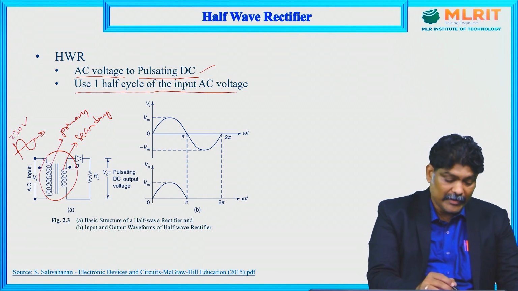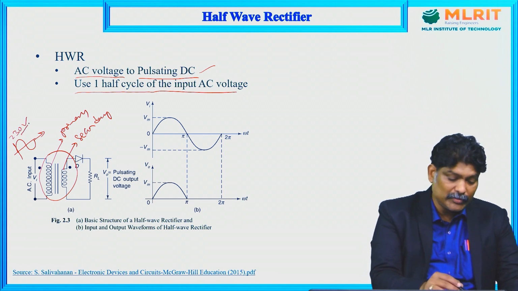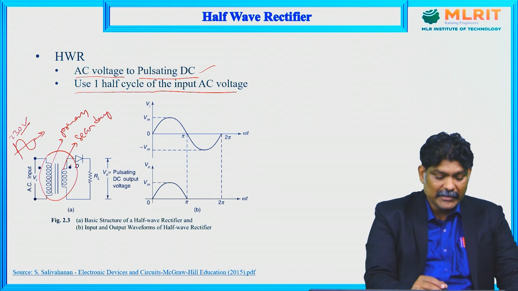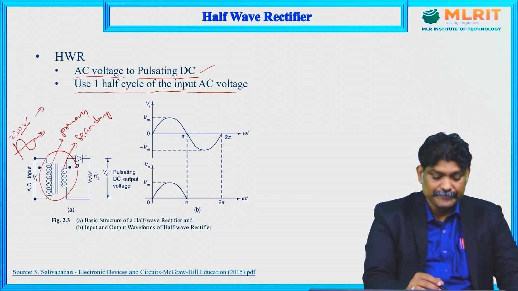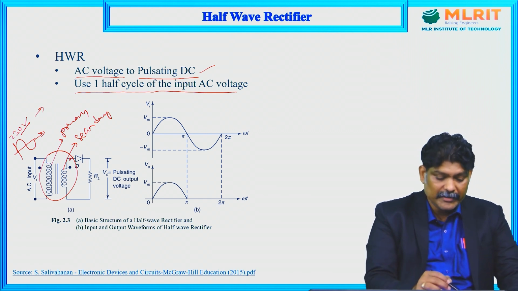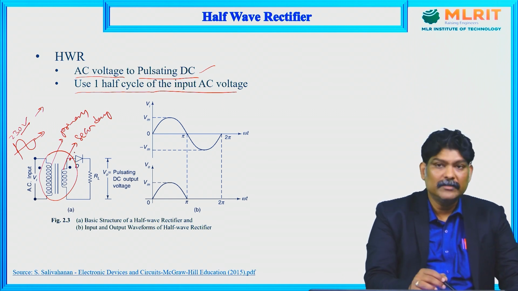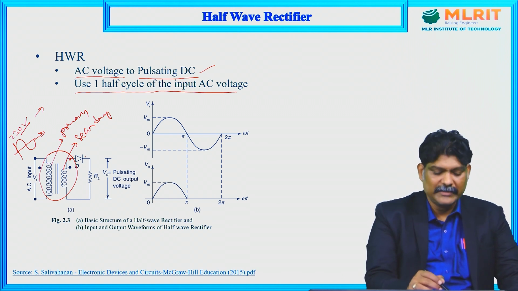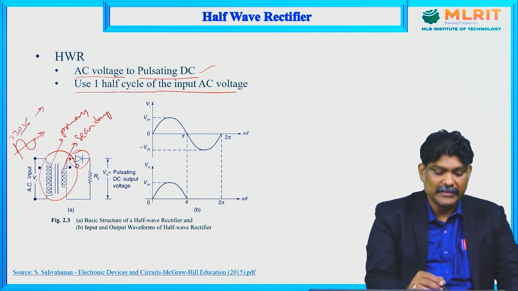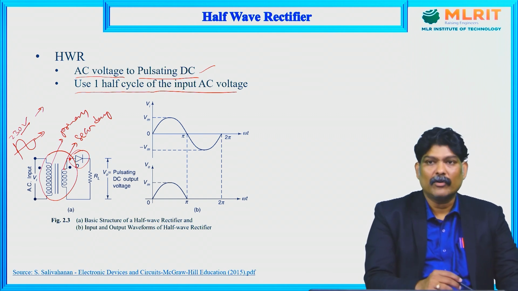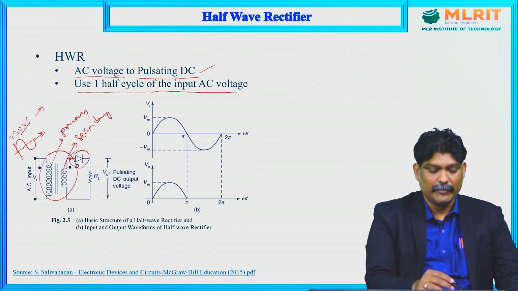To the primary we are giving 230 volts, and this transformer decreases the 230 volts, so that a very small voltage is applied to the diode. Otherwise 230 volts is not suitable for this diode. The diode cannot withstand this much voltage.